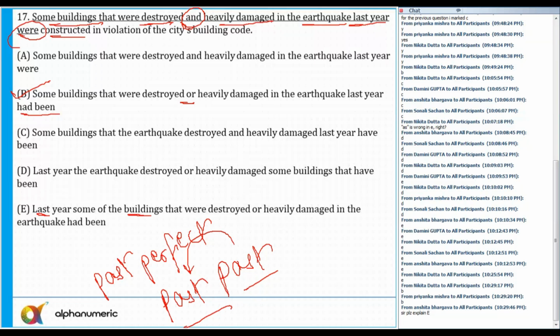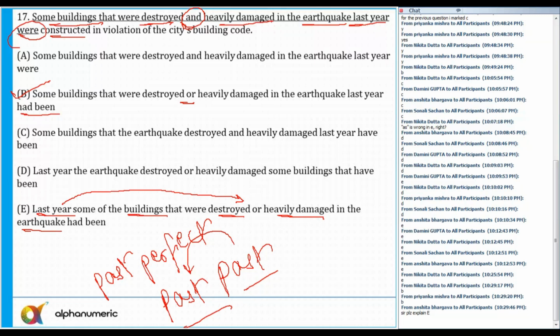Last year, some of the buildings that were destroyed or heavily damaged in the earthquake had been constructed. Last year, some of the buildings, the earthquake happened last year. Remember, what happened last year? It was the earthquake that happened last year. Because of the earthquake, there was destruction. So over here, if you put last year before the buildings, it seems that last year the buildings were destroyed or heavily damaged.